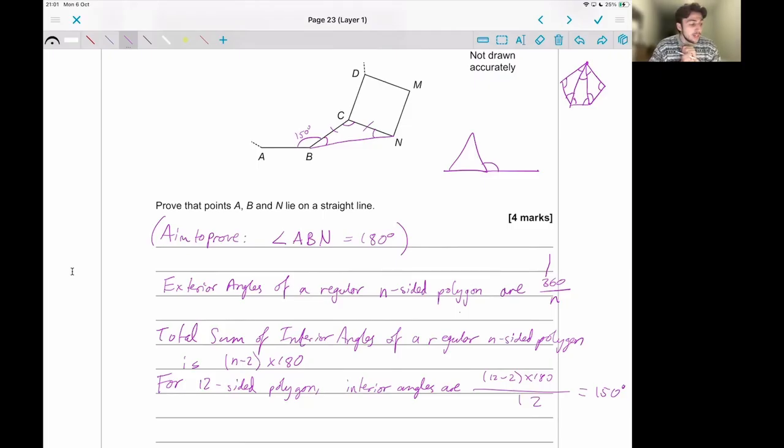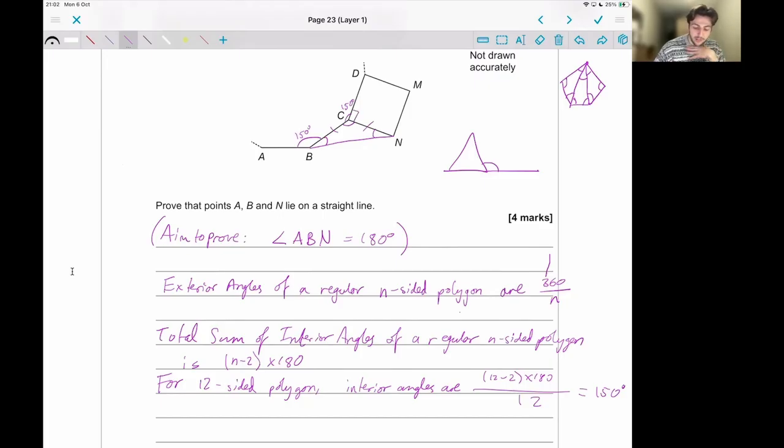Well, we know angles around a point add to 360. So if I have 3 lines meeting at a point, the total angles around that point will make 360 because it's a circle. And so we know the interior angle here is 150 because it's a regular shape, so they're all 150.